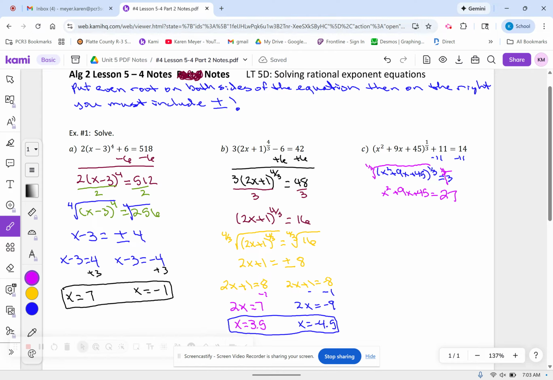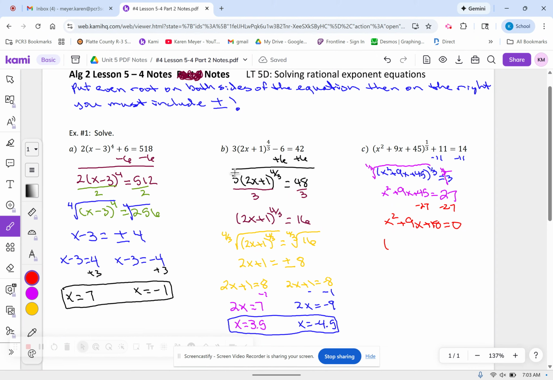Now, because this problem has an x squared, you will need to move the 27 over to the same side so that you can factor it. Yay, factoring! So then we're going to subtract the 27 over. So I get x squared plus 9x plus 18 equals 0. And then fast factor.